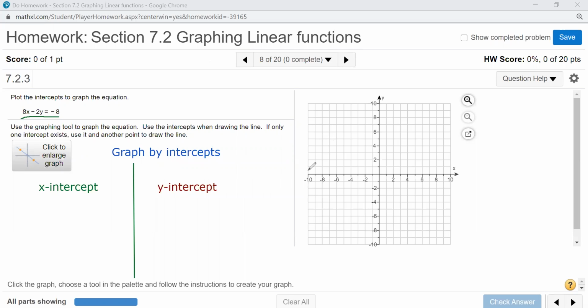The x-intercept is going to be where the line crosses the x-axis. If you're a point on the x-axis, what is your y value always going to be? 0. You have no upwards or downwards motion. You're on the x-axis itself. Thus, you're going to plug a 0 in for y. You're going to leave x alone.